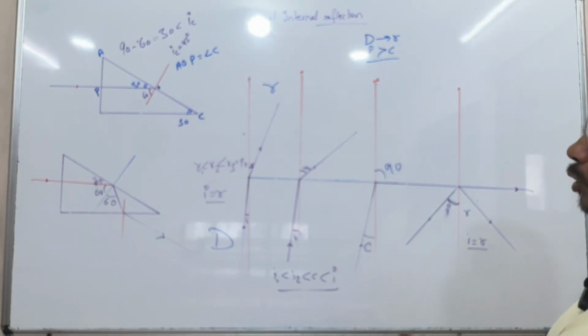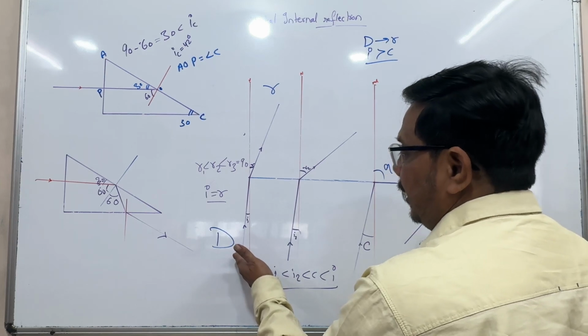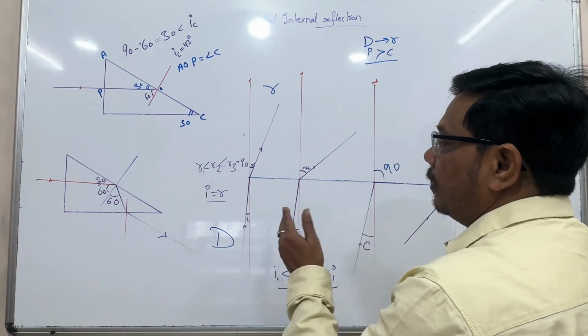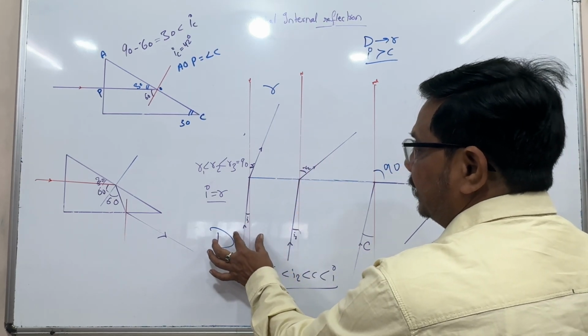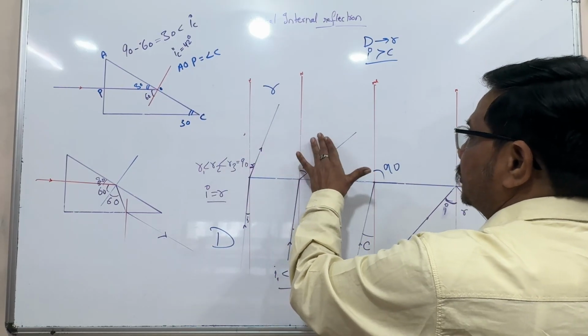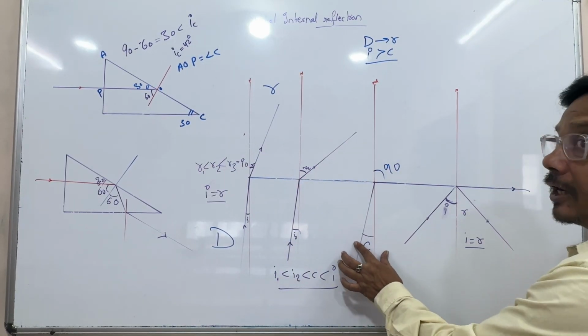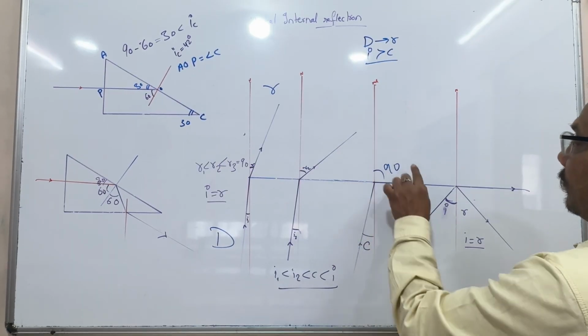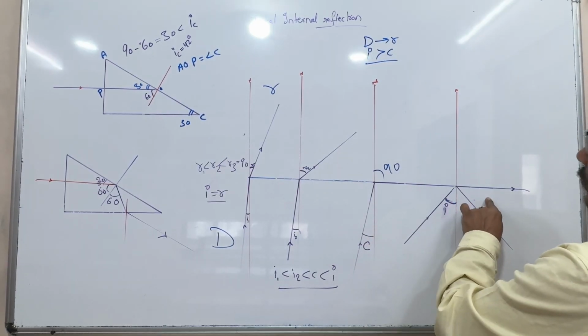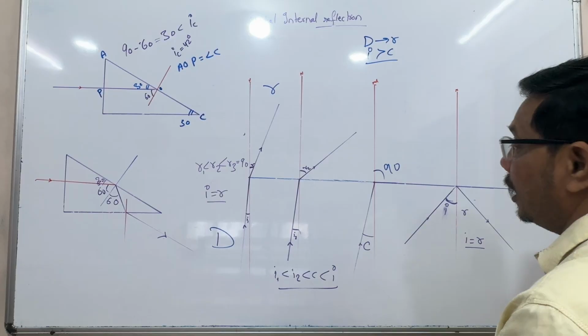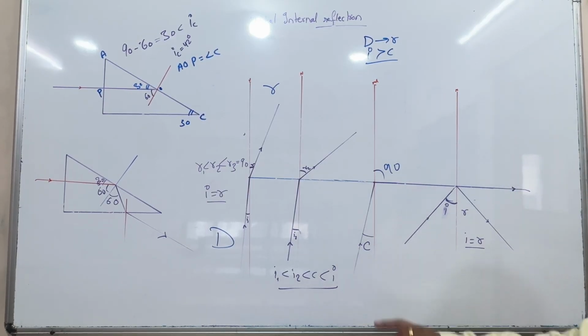of light. So when the ray travels from denser to rarer medium, as the angle of incidence increases, the angle of refraction increases. At a particular value of angle of incidence called the critical angle, the angle of refraction goes parallel to the surface and goes 90 degrees with the normal. This is called the critical angle.